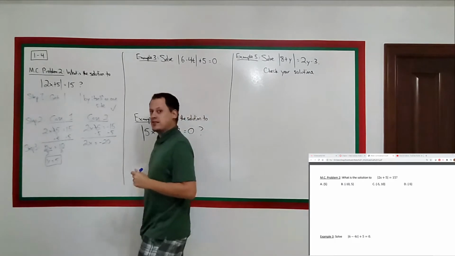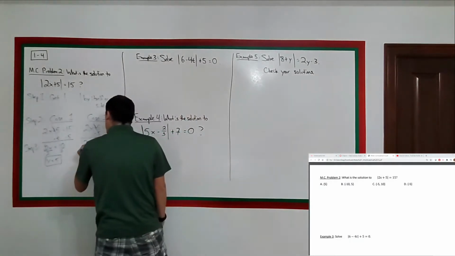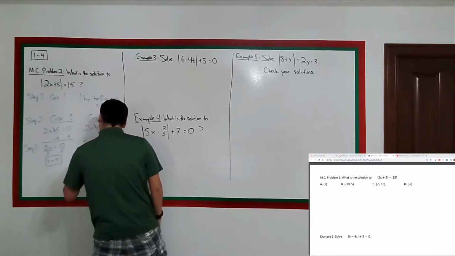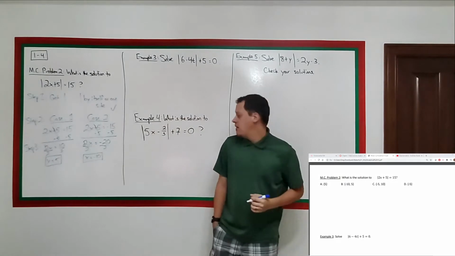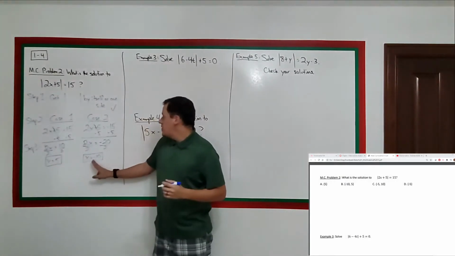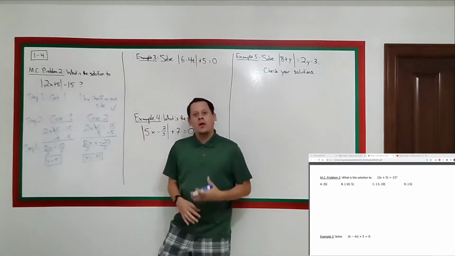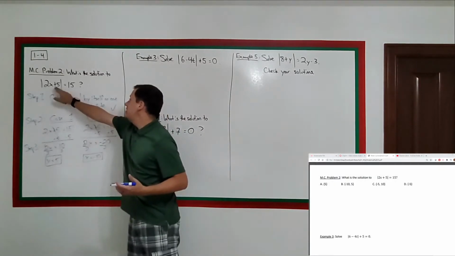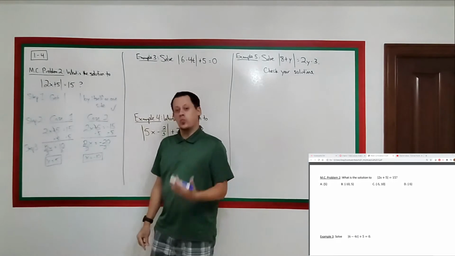Negative 15 minus 5 more. Dividing by 2 gives us x equals negative 10. So these are the 2 values that we think x could be. We need to check them by plugging them in one at a time back into the original equation to make sure it works.